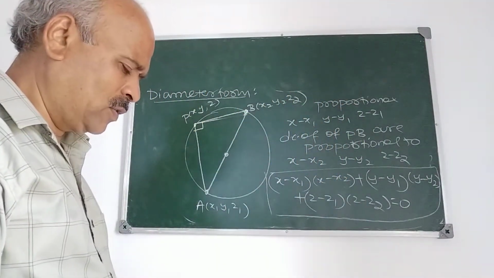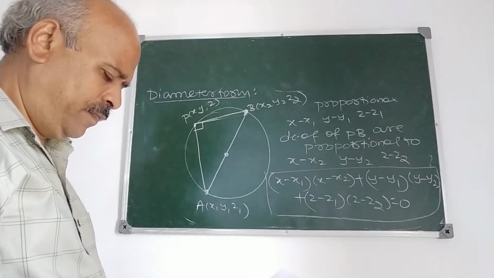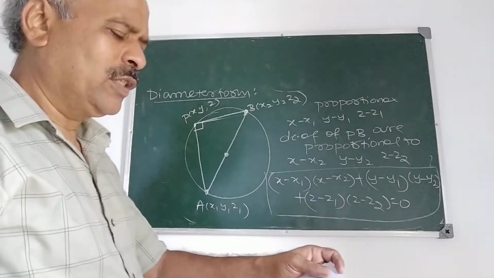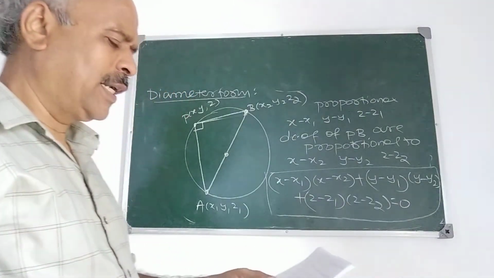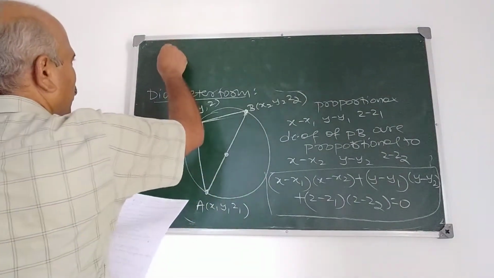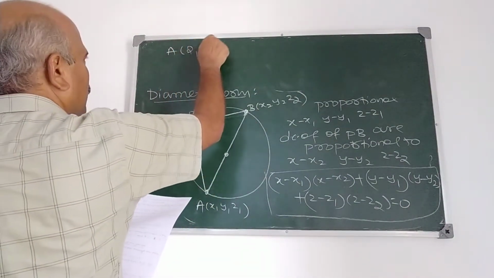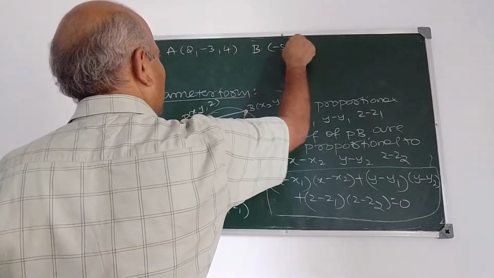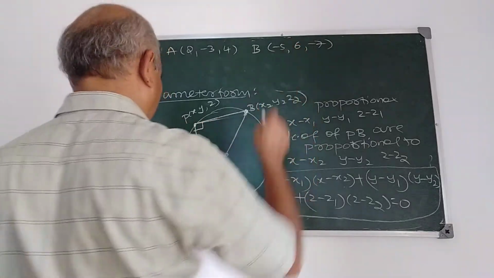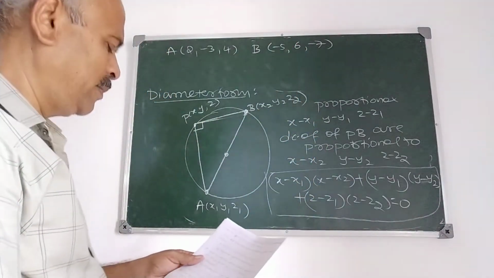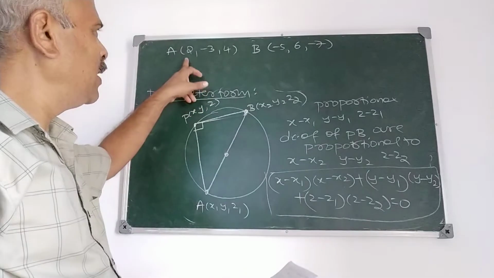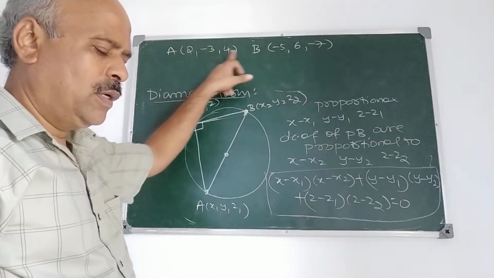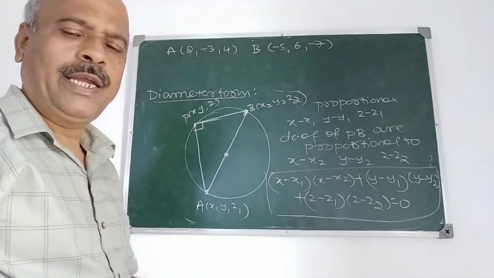Sometimes a problem may be asked on this diameter form. Say the problem is: find the equation of the sphere described on the join of the points A(2, -3, 4) and B(-5, 6, -7) as a diameter.